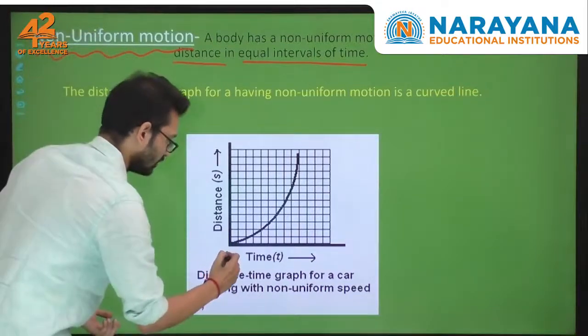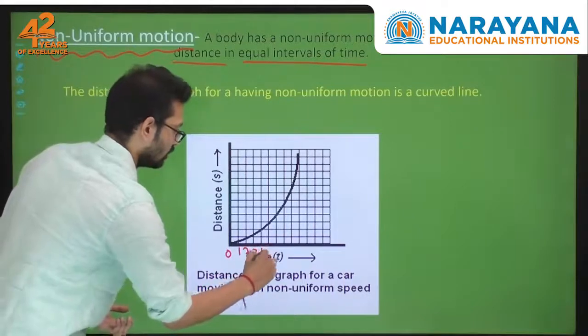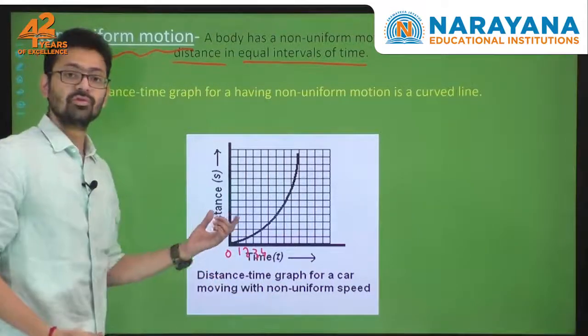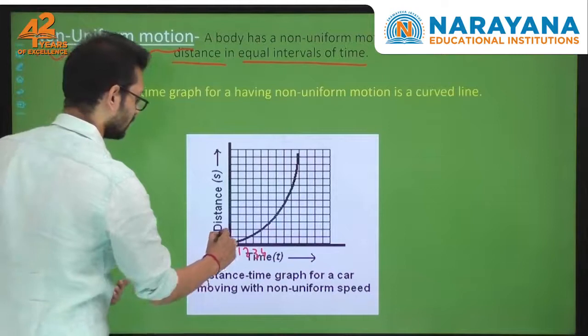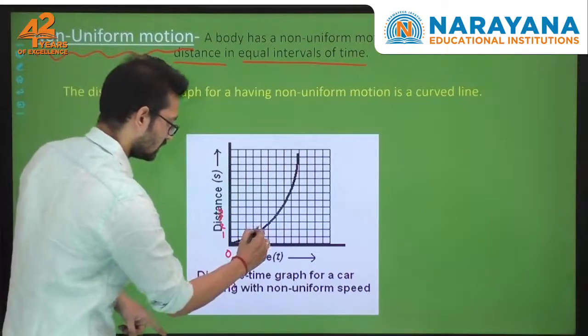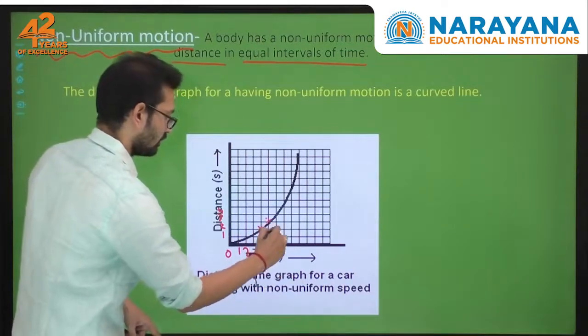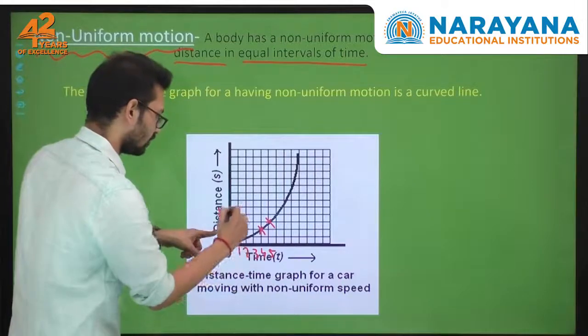For example, if the time is 0, 1, 2, 3, 4, and for each gap of 1 second you reach 1, 2, 3, 4, then in the 5th second you didn't even travel 1 meter.